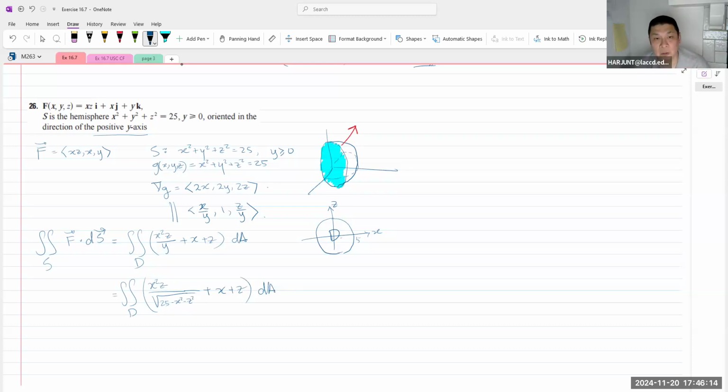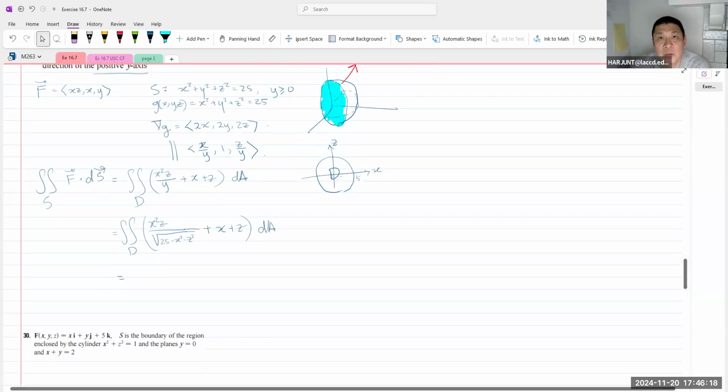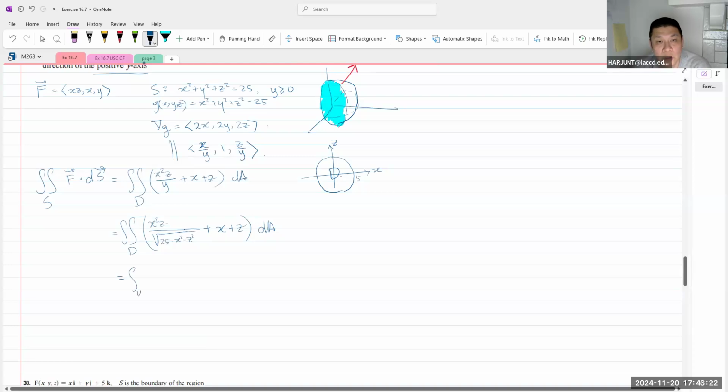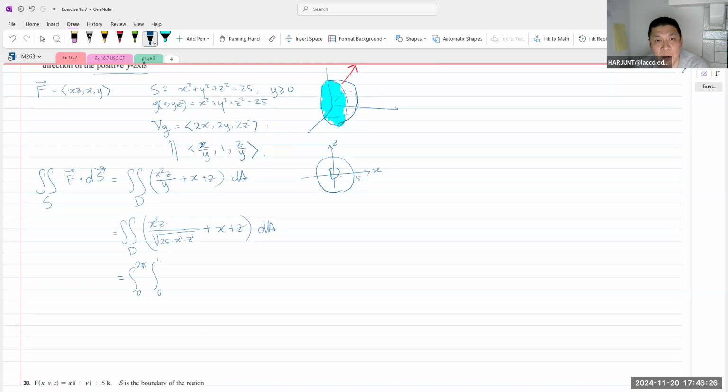Okay, now because the domain is a disk with radius 5, I will make it into polar, integral from 0 to 2 pi, integral from 0 to 5. This is r cubed cosine squared theta sine theta.